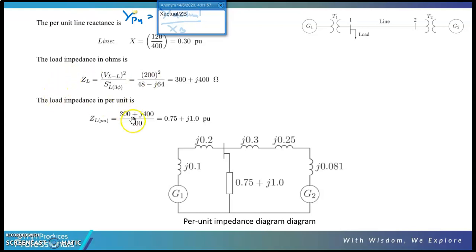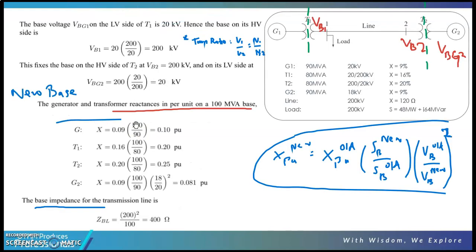And then you can determine the per unit value, Z actual divided by Z base. In this case, Z base equal to Z base of the transmission line, equal to 400, because they are in the same bus.